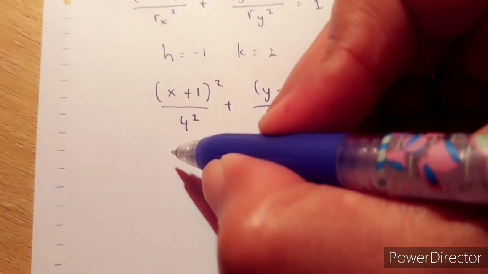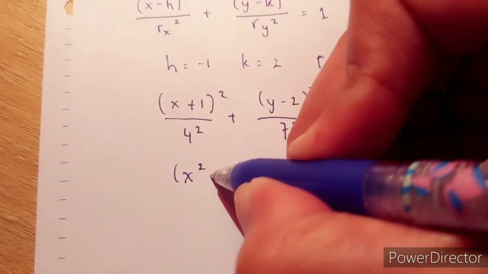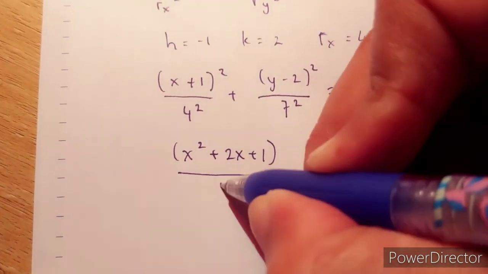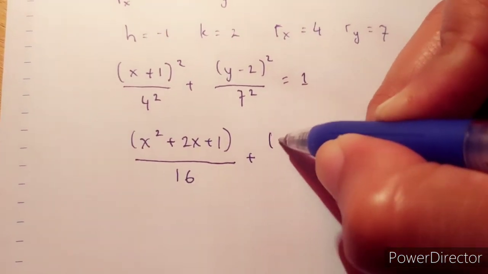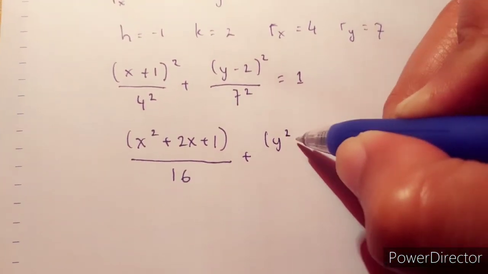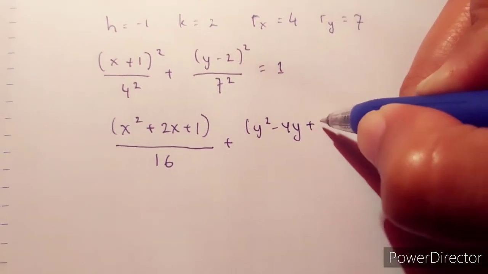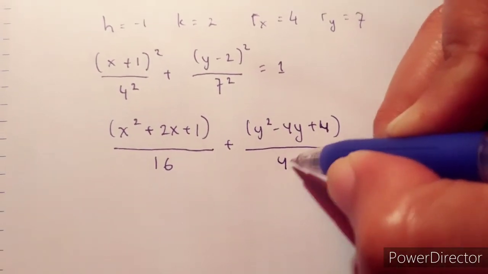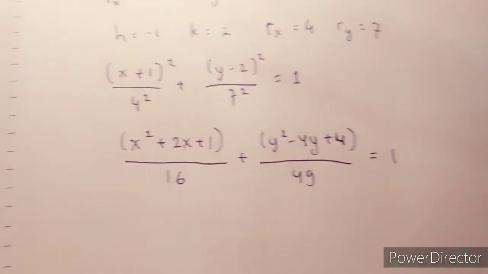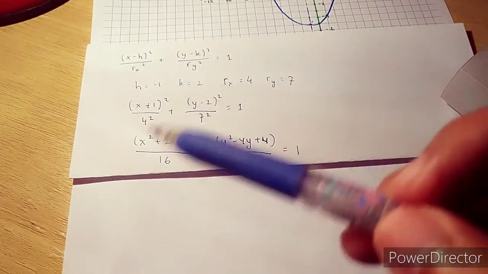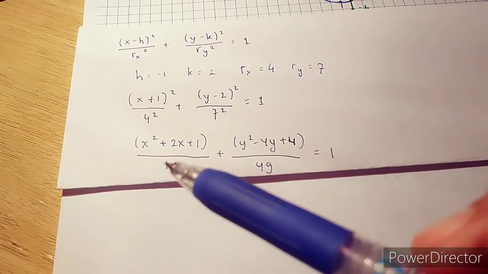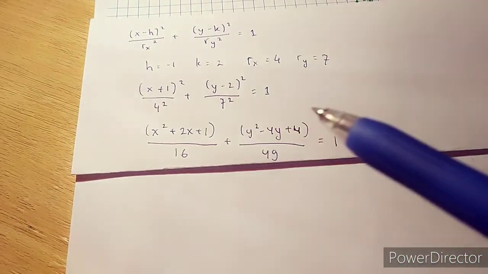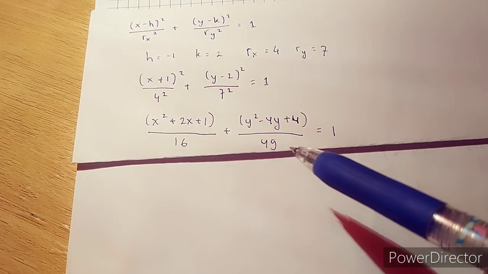So let's simplify this. x square plus 2x plus 1 over 16 plus y square minus 4y plus 4 over 49 equals 1. Since we don't like fractions, of course, let's get rid of the fractions and multiply everything by the least common multiple of 16 and 49.